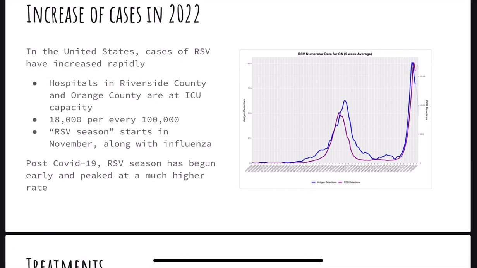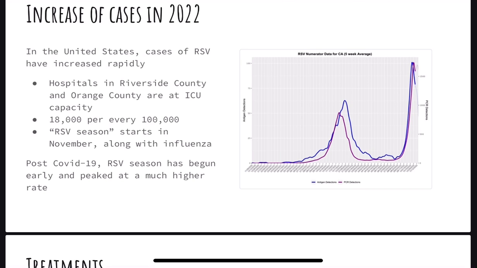And then we'll look at cases of RSV in 2022. In recent months, the cases of RSV have increased very much across the US. We see places like Arizona, Oregon, Chicago, and California have very high cases of RSV currently.